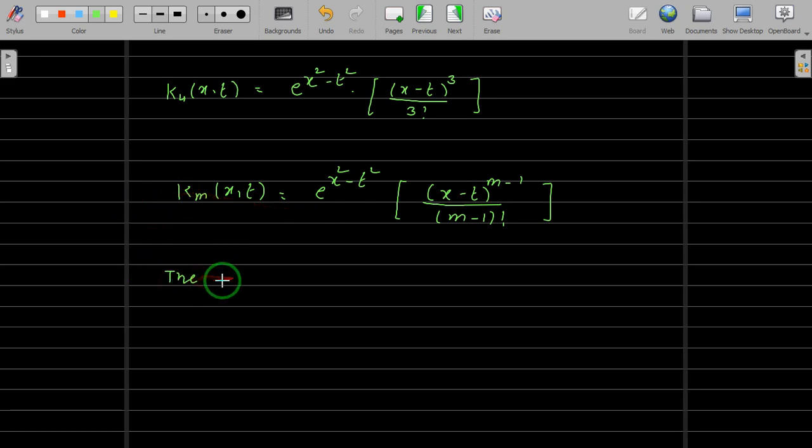The resolvent kernel, not k, it's gamma(x, t, lambda).